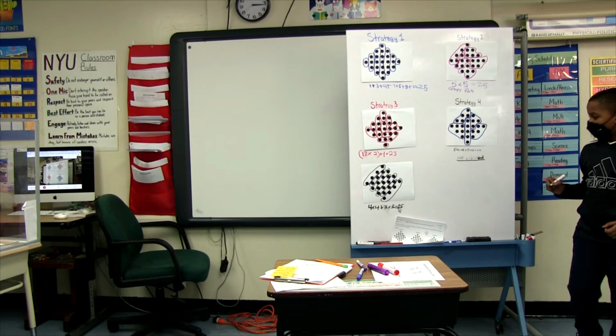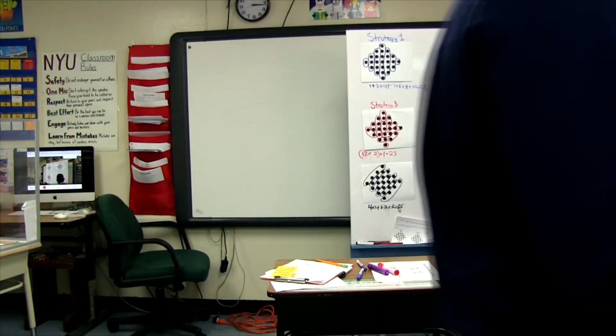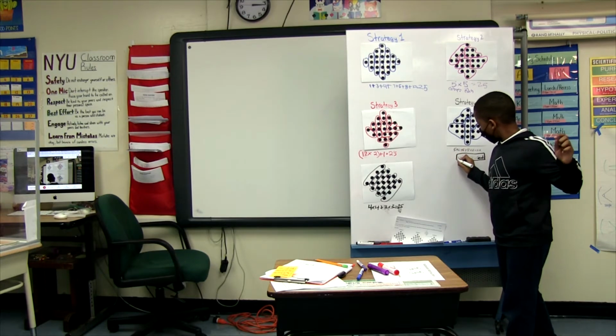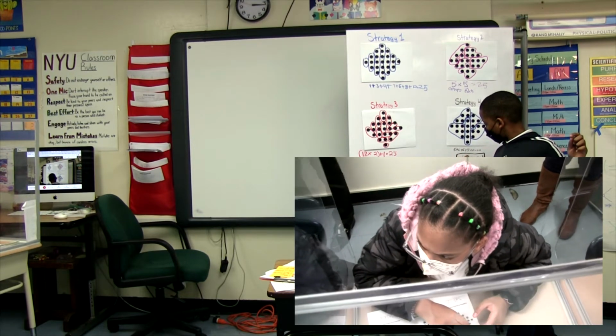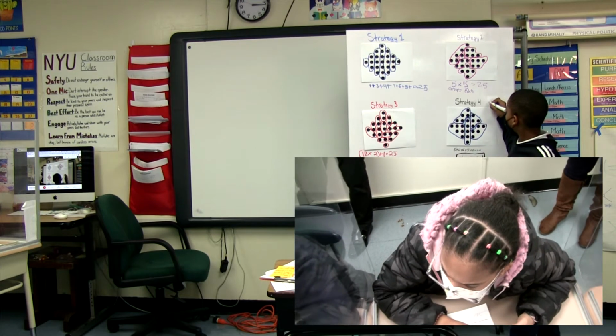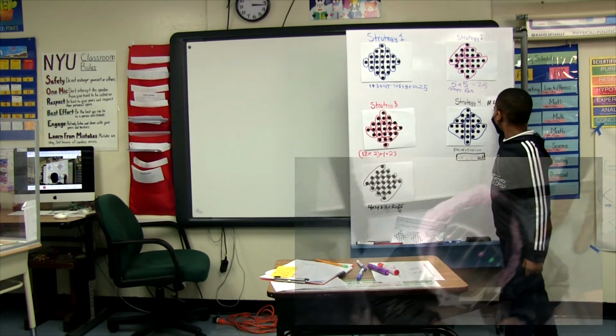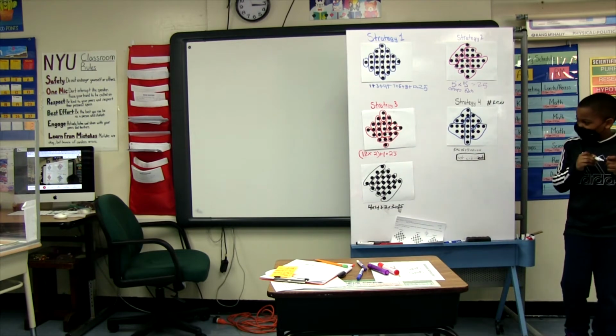Not efficient. Why is this strategy not efficient? Let's go to Genesis. Genesis, why isn't that strategy efficient? It's not efficient because not. Help out, Fatu?